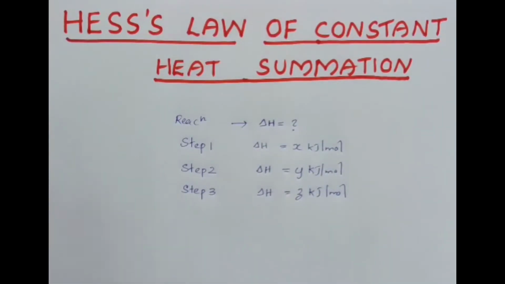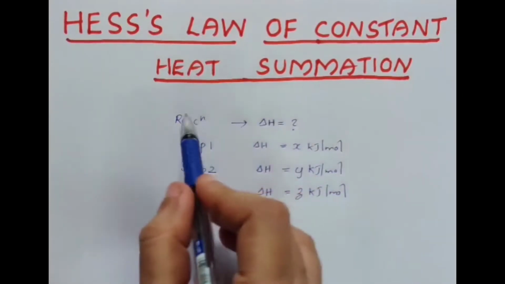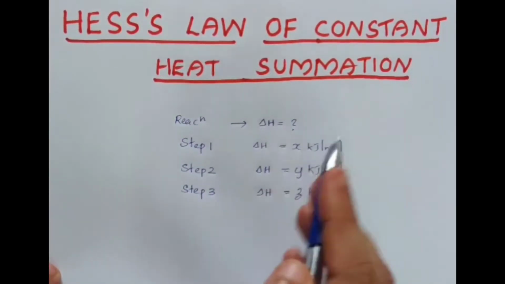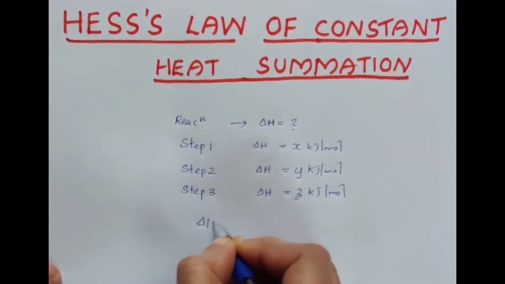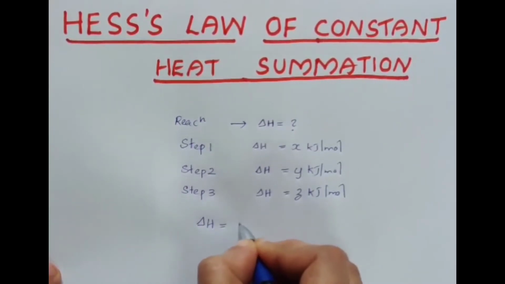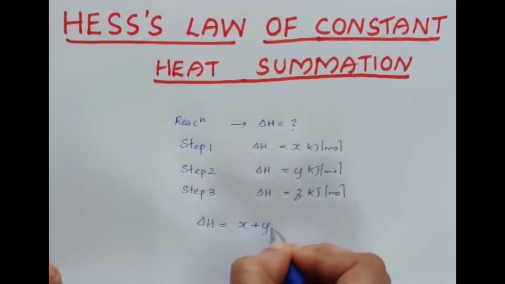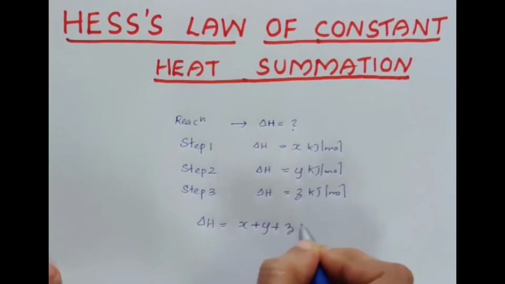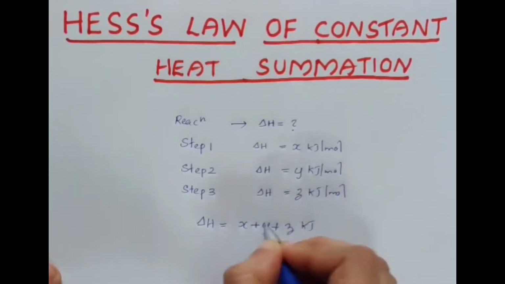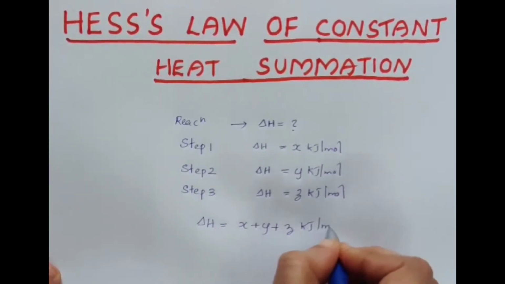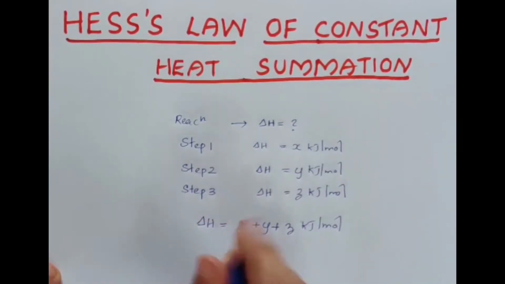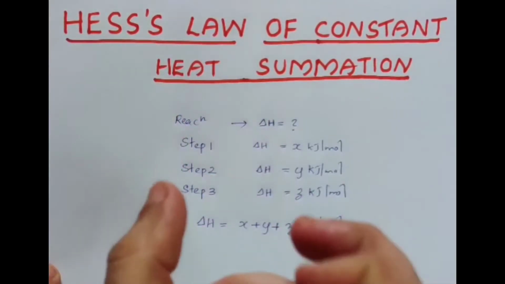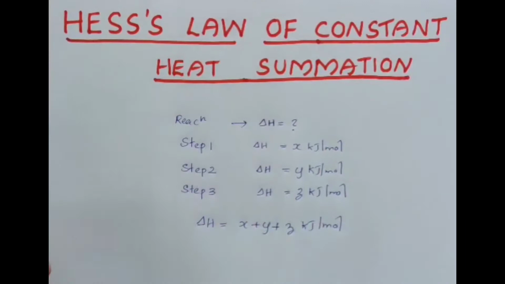Then the delta H of this overall reaction is x plus y plus z kilojoule per mole. That is the enthalpy change of this overall chemical reaction. Hope you all got it.